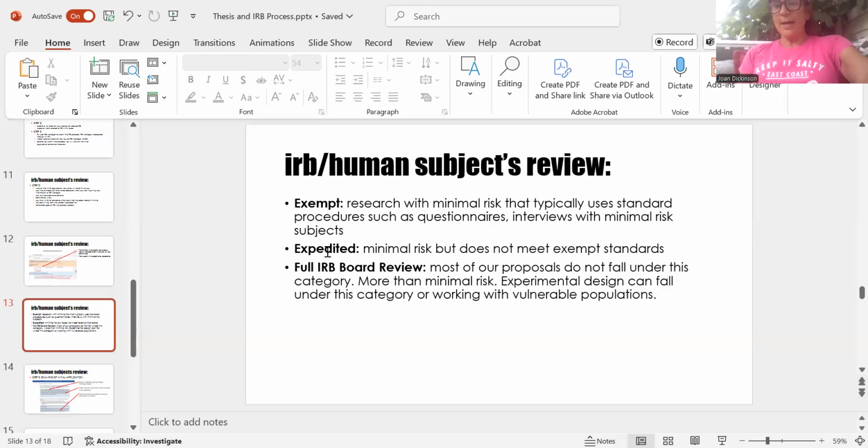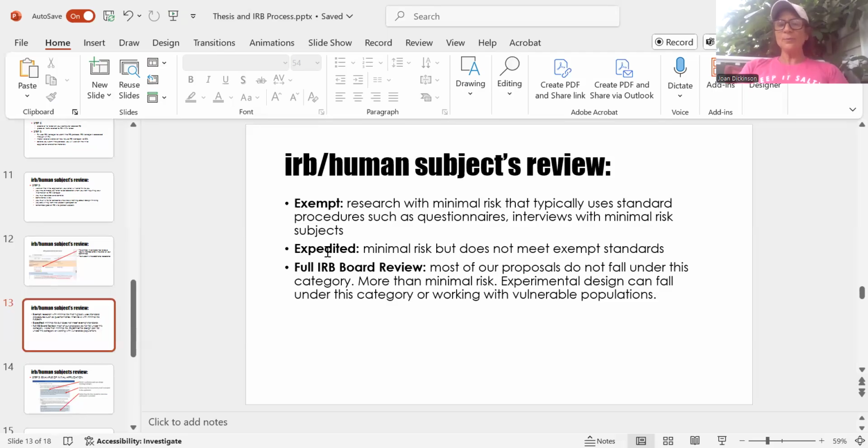If we are doing a Zoom workshop using design thinking strategies with our subjects, we're going to record that probably because again, we want to go back in and listen to that workshop. So we are almost always expedited. Our studies typically are minimal risk. But because we're recording, we fall into the expedited category, which means that our project will go out for IRB review.